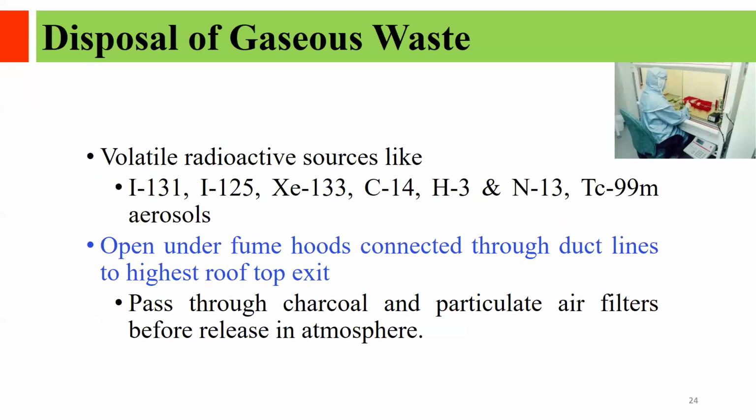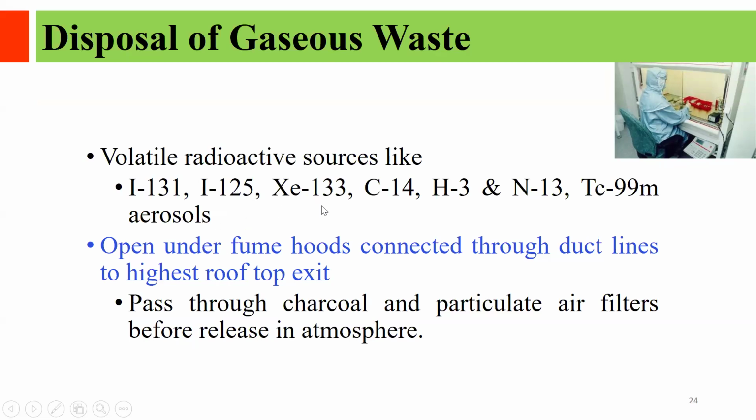Then comes gaseous waste disposal. As I told earlier, there are certain radionuclides which are volatile in nature, like iodine. These are gaseous in form, and technetium aerosols are sometimes used for clinical purposes. These sources are likely to give some radioactive waste.